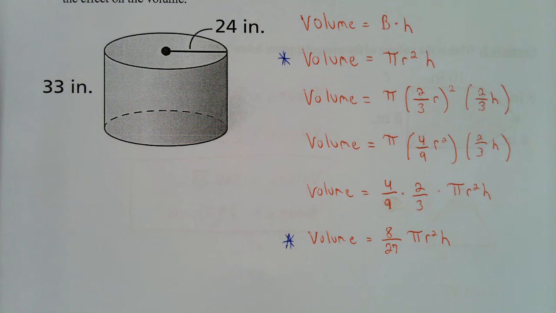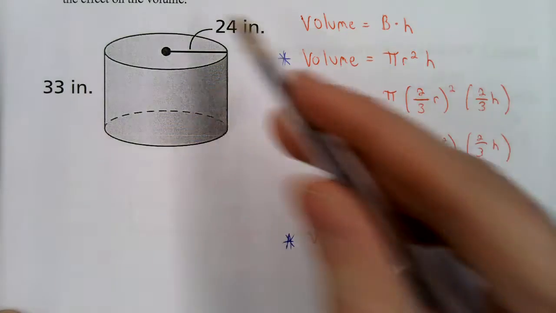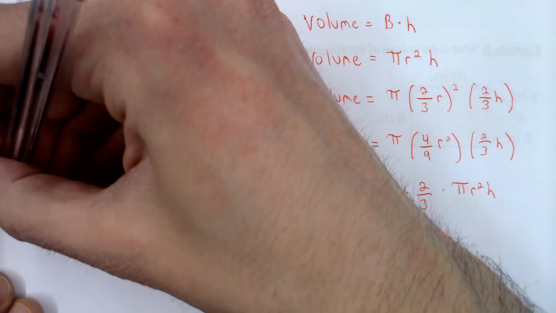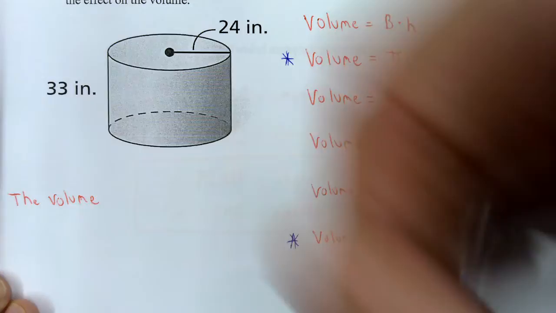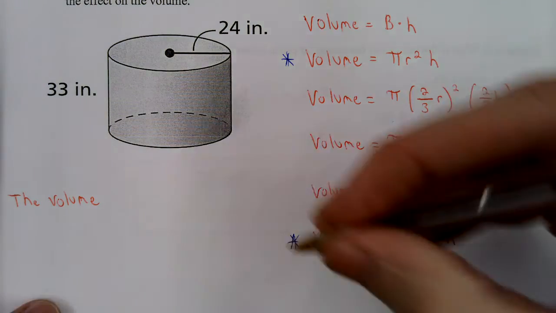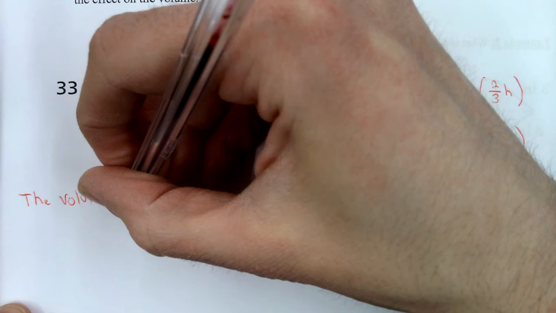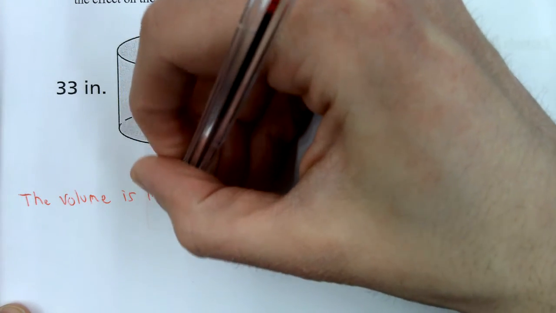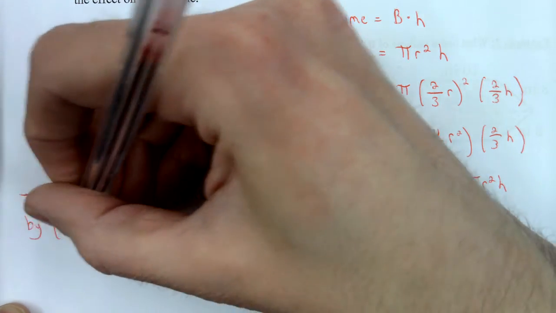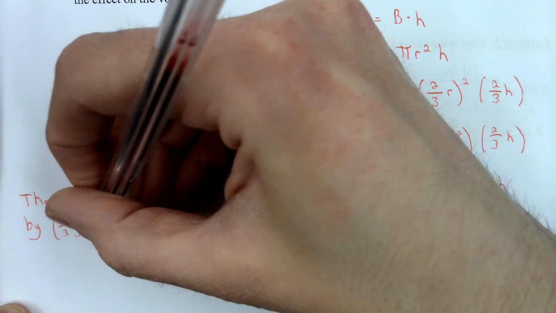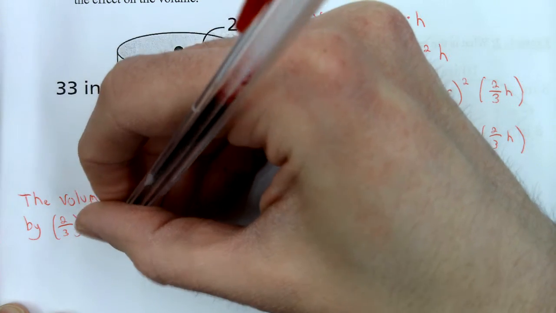Okay, so the question says describe the effect on the volume. I'm going to say the volume is multiplied by 2/3 cubed, which equals 8/27.